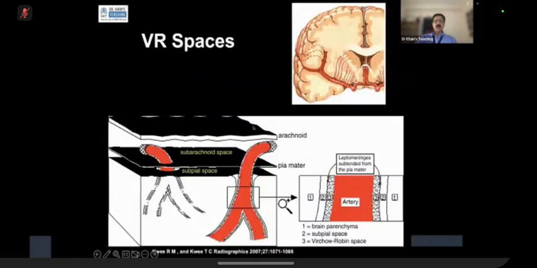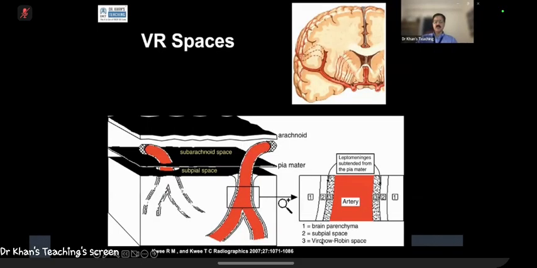Now, the concept of VR spaces. What are VR spaces? Virchow-Robin spaces. If you see this diagram from Radiographics, this is the arachnoid, this is the pia. When a blood vessel goes into the parenchyma, surrounding it is a space we call the VR space, the leptomeningeal space, Virchow-Robin space, this number 3.